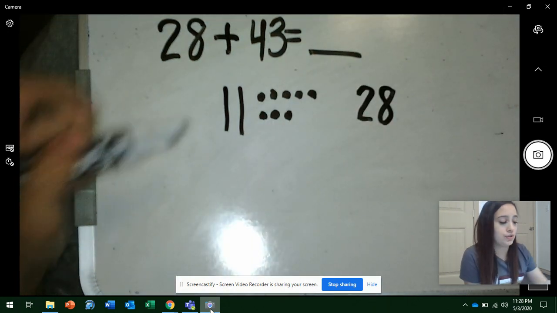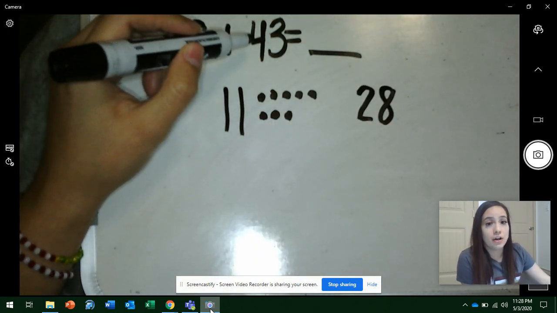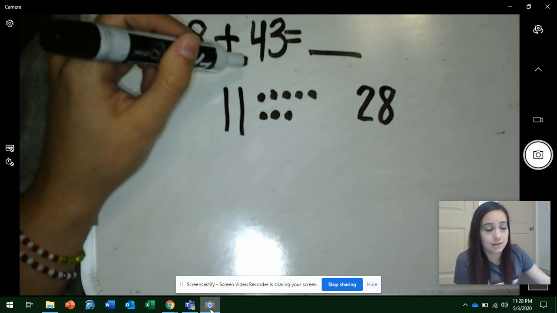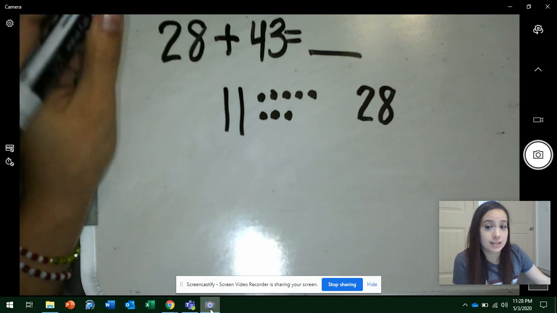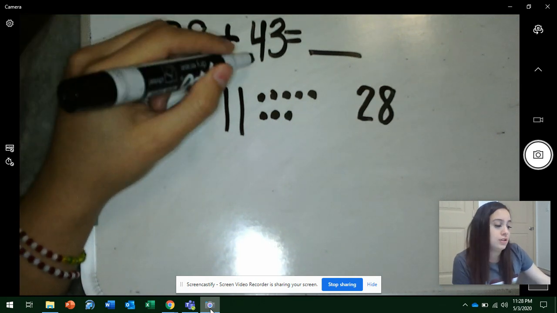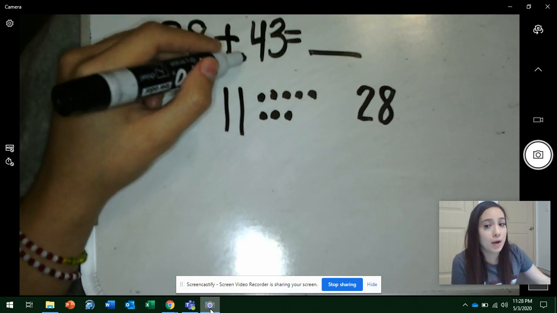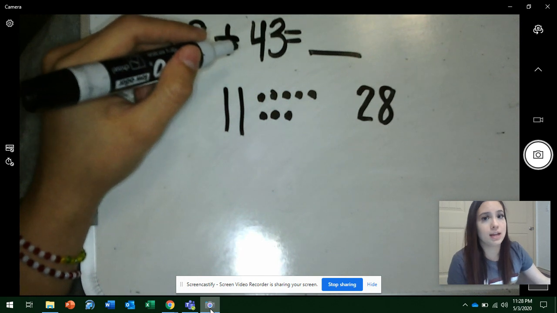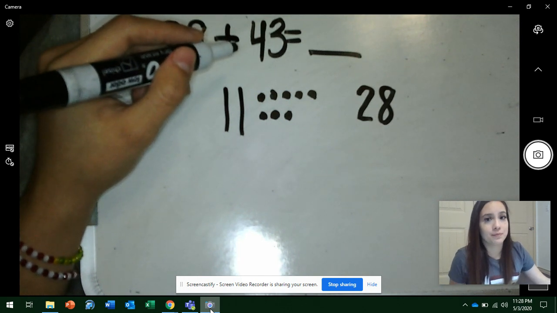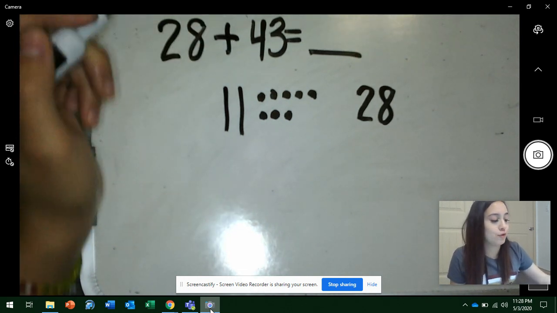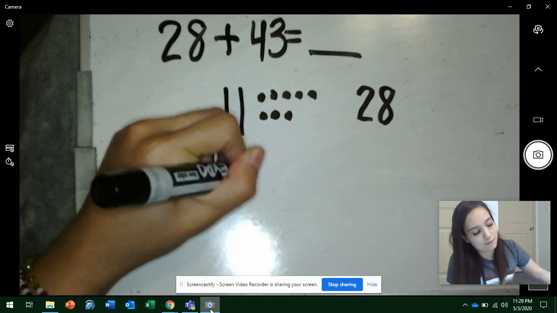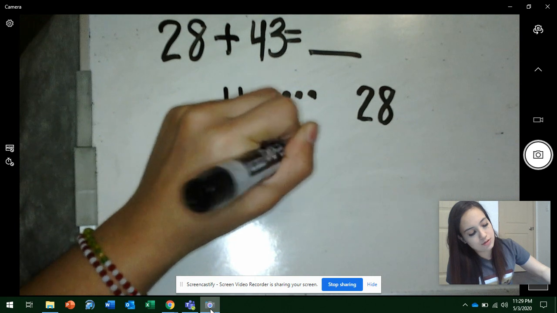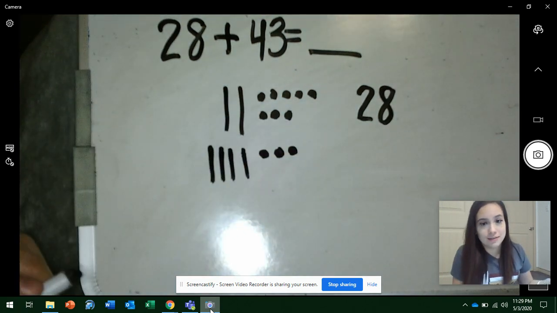Second step was to draw and write your second part, which is 43, and align them, 10s with the 10s, 1s with the 1s. So 43 has how many 10s and 1s? Get ready. Yes, 4 10s, 3 1s. So you should have drawn 1, 2, 3, 4, and then 1, 2, 3 1s.